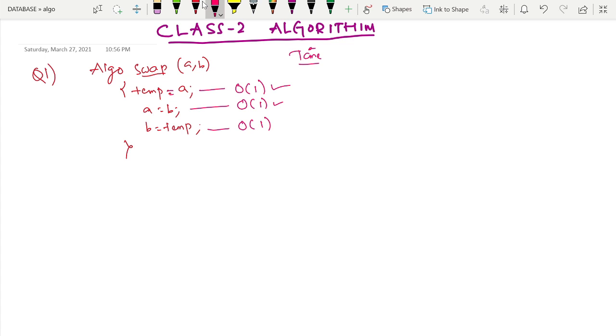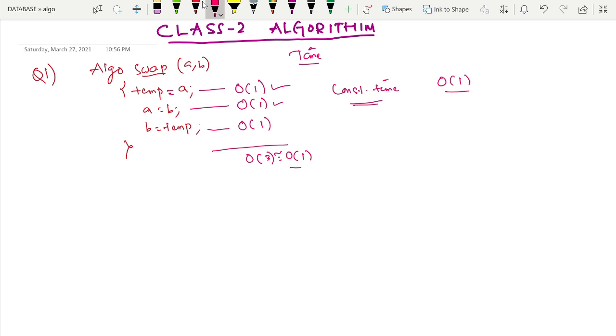So by adding all these we get order of 3, which is equal to order of 1. So we can say that the swap algorithm takes constant time. Okay, so the time complexity of the swap algorithm is order of 1. Okay, so this is how we calculate the time complexity of a problem.